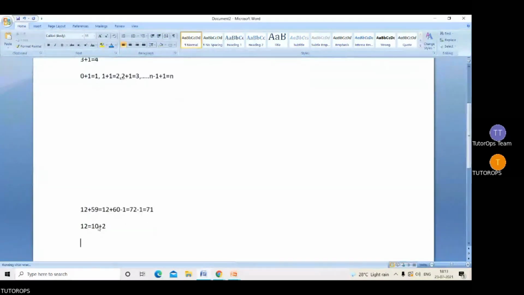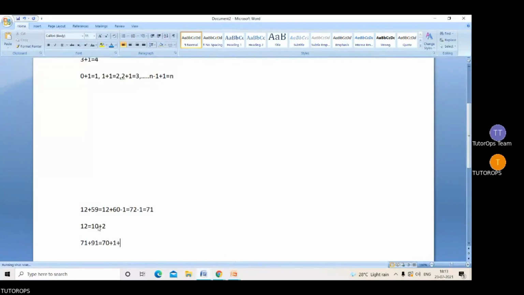Now, in this method, let me take another example, say 71 plus 91. Then we may divide 71 into two parts. One part is 70, which is the nearest multiple of 10 for 71, and 70 plus 1 will give us 71.